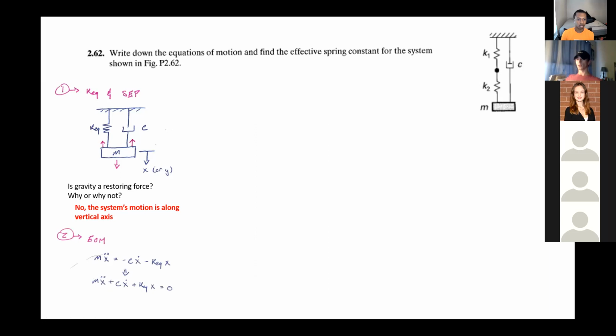Step 2, equation of motion. Newton's second law. We have mass times our displacement acceleration. This means that when I go down, that's my positive direction. That's the direction of the motion, so that's positive in my head.